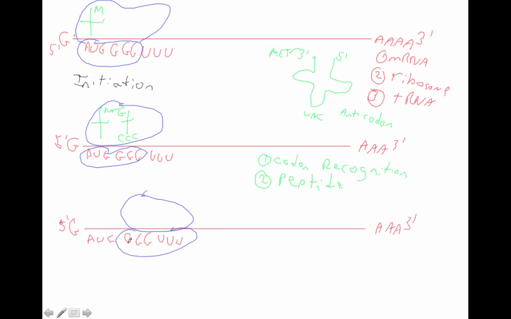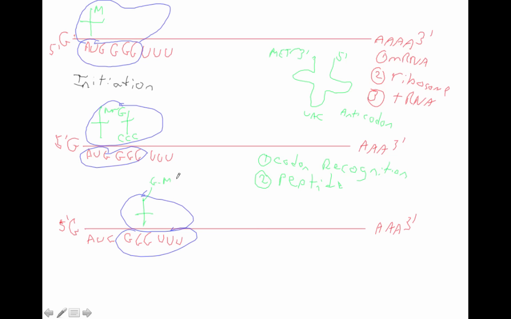And so now sitting at this GGG codon, we have this tRNA that has the CCC attached. I'm not going to redraw it, but the anticodon is still CCC, and it's still bound to this GGG. And attached to this now is glycine and methionine.